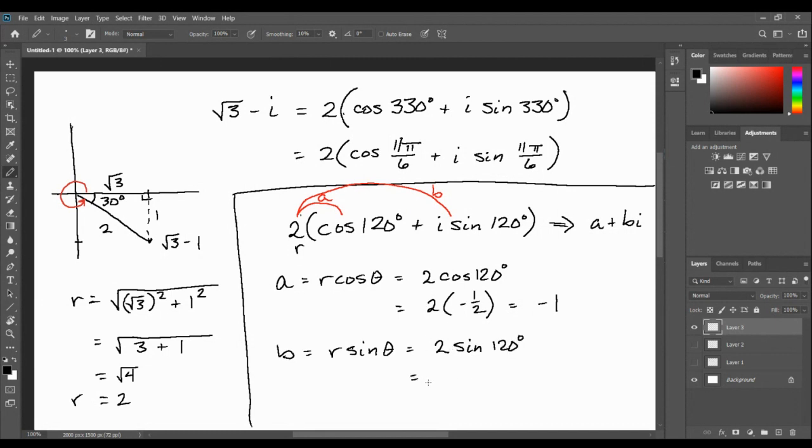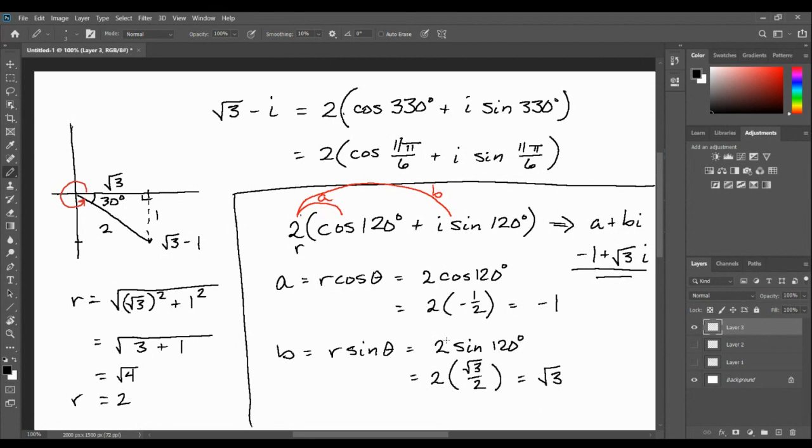The sine of 120 from my unit circle is root 3 over 2. And 2 times root 3 over 2 is root 3. So now I can plug those in. a is negative 1, b is root 3, and then I've got my i. So that would be standard notation for 2 times the quantity cosine 120 degrees plus i sine 120 degrees.